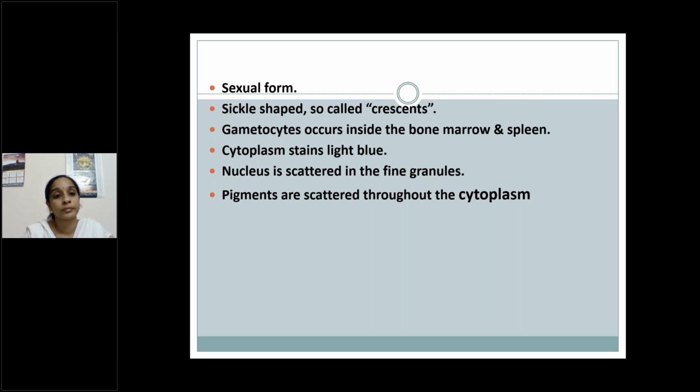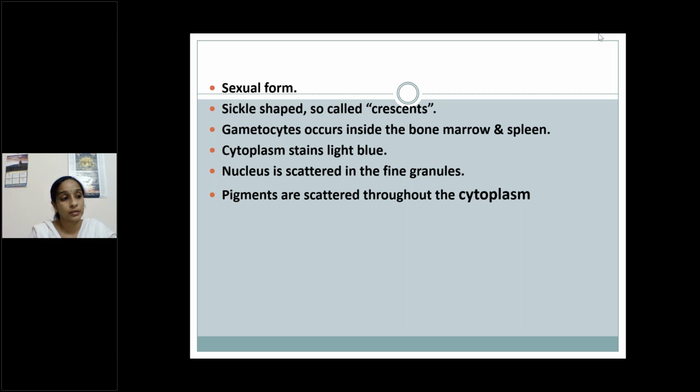Next point, gametocytes occur inside the bone marrow and spleen. Next point, cytoplasm stains light blue.